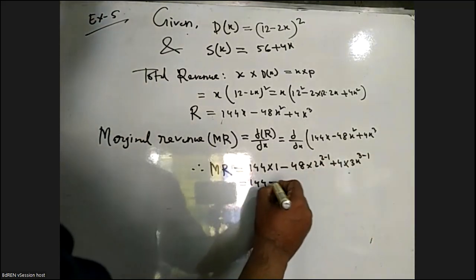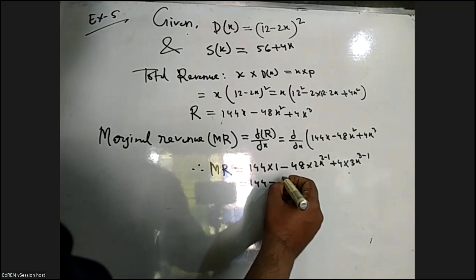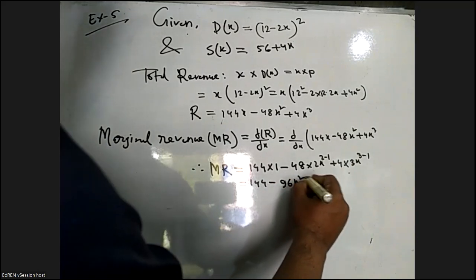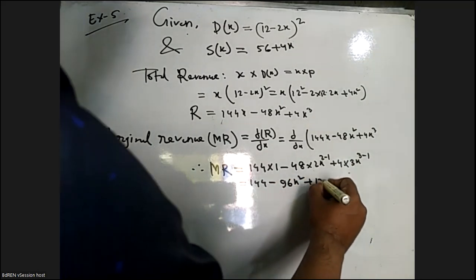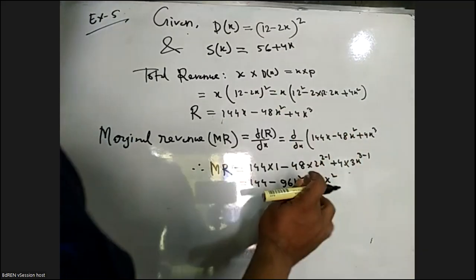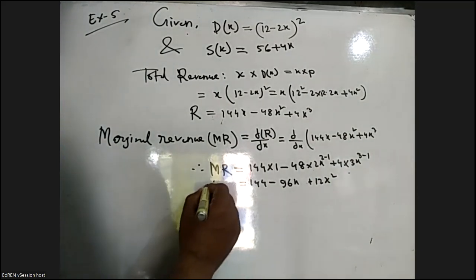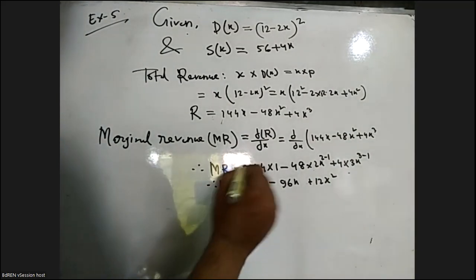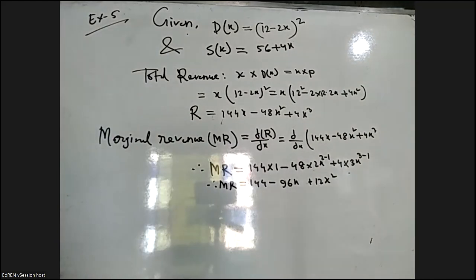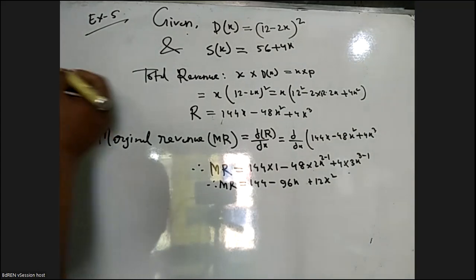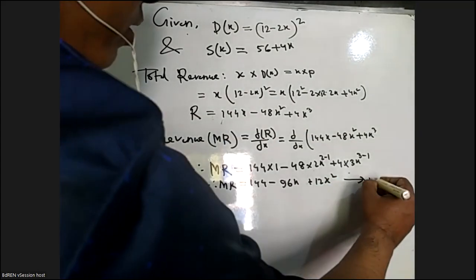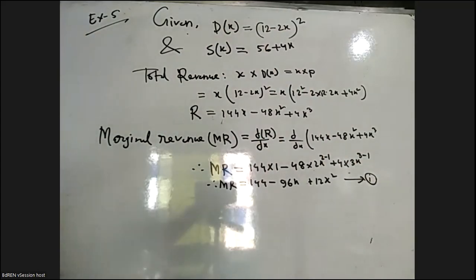So 144 minus 96x plus 12 x square. This is actually marginal revenue. Remember it. And this is equation number 1.